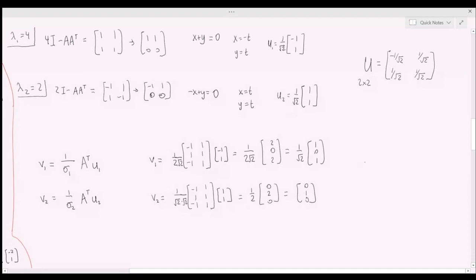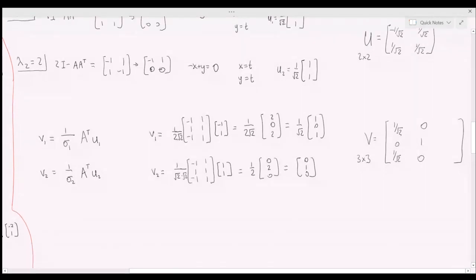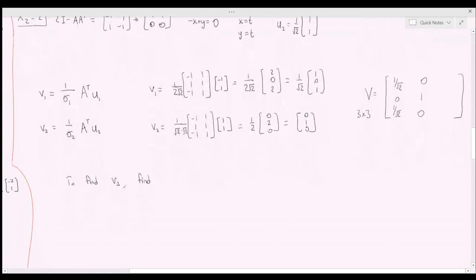So then with these two vectors, v1 and v2, that will give me 2 columns for the matrix V right now. But for the full SVD, I need one more column to get my matrix V. So to get the third vector v3, okay, so let's see how that worked again real quick.